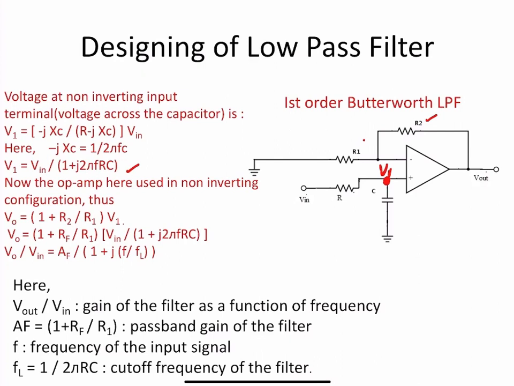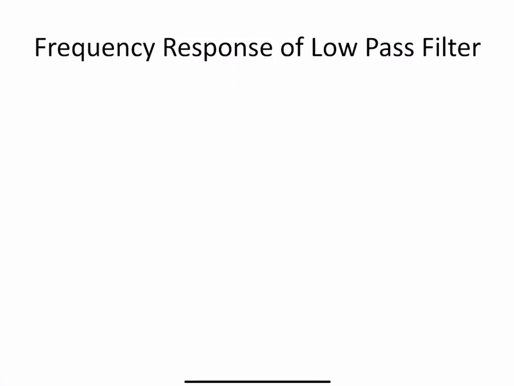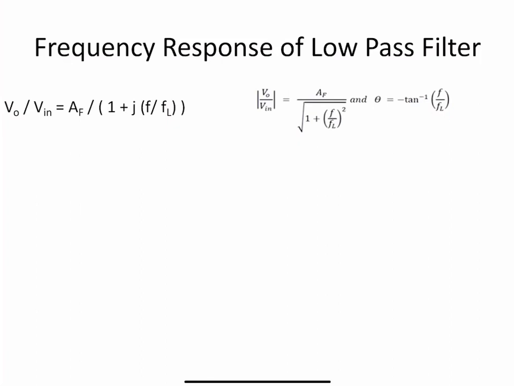Now come to the frequency response of the low pass filter. To get the frequency response of the filter, we will take this expression, means the gain of the filter, that is V0 over Vin is equal to AF over 1 plus jf over FL. Now find its magnitude and phase angle. Magnitude will be AF over square root of real part square plus imaginary part square.